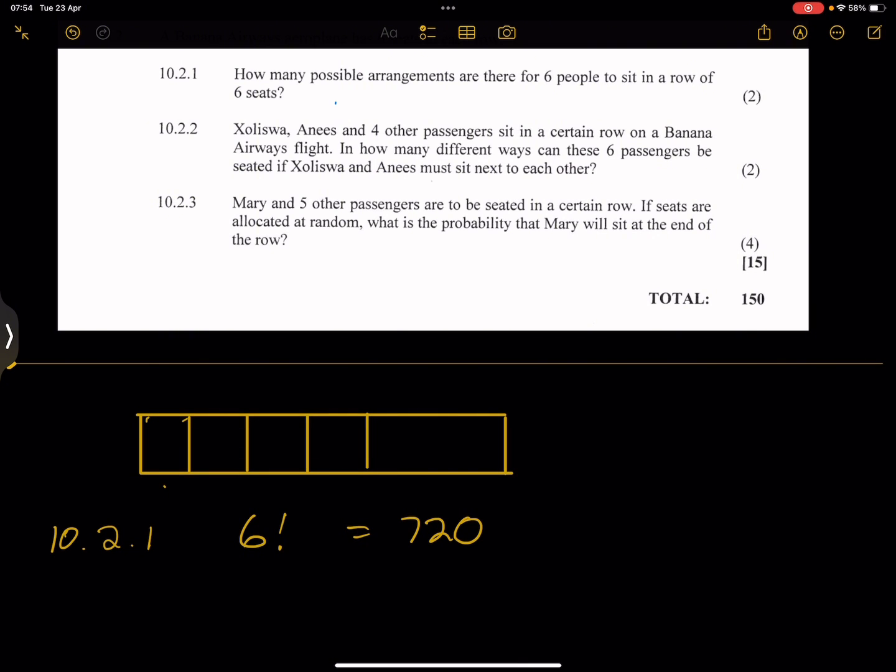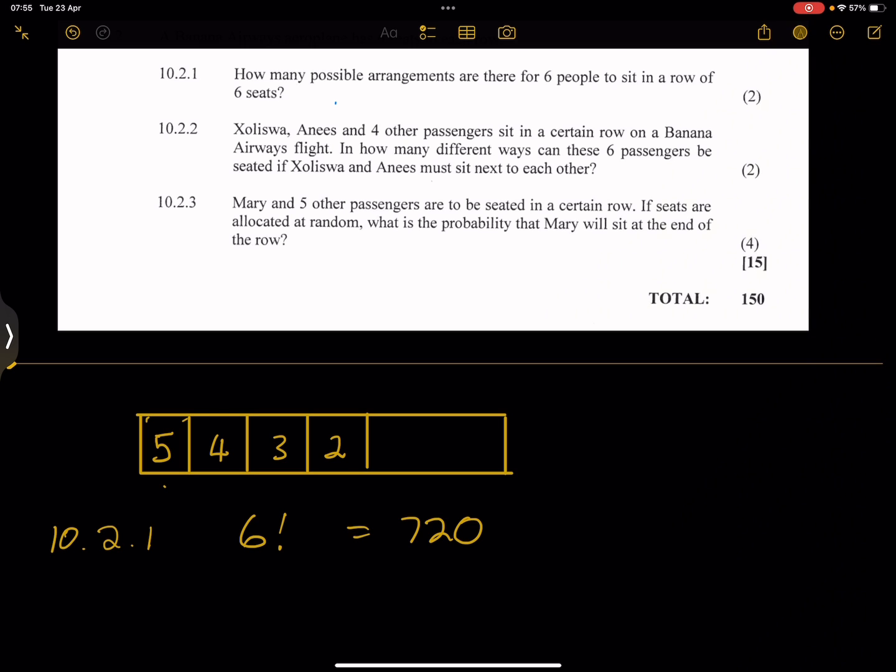So in this case, I want you to please note, that means now I have 5 different arrangements. So in this case, I've got 5 factorial. Of course, I can sit 4, I can sit 3, I can sit 2.